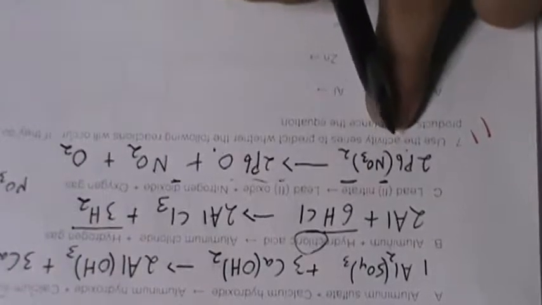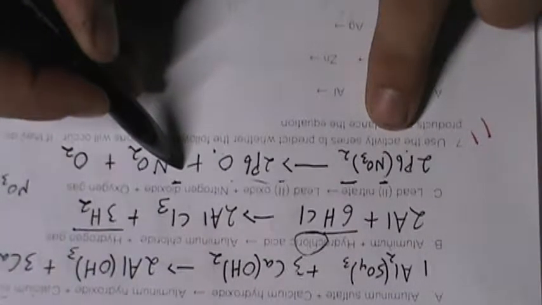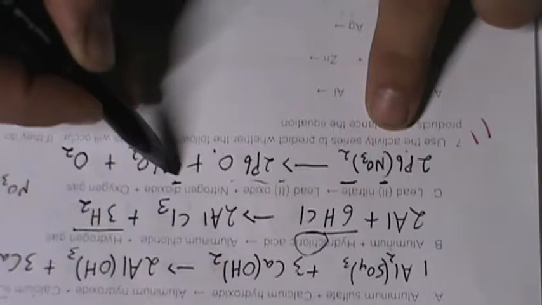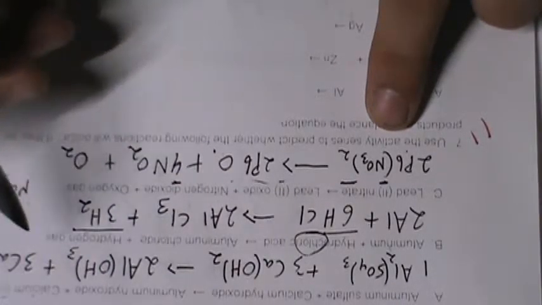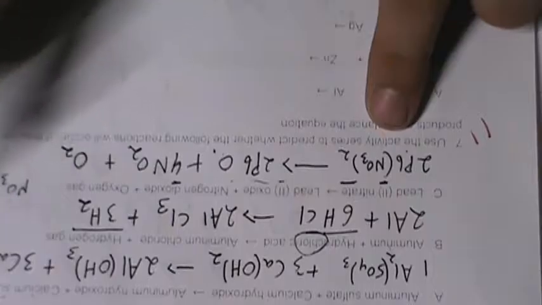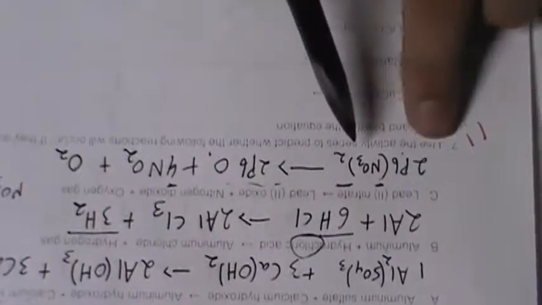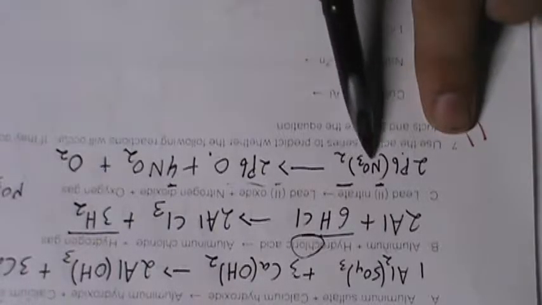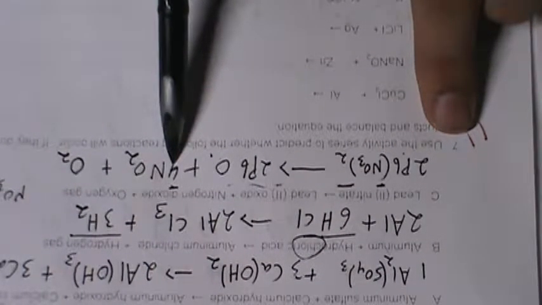into 4 NO2s. All right. We have 2 times 2 nitrates. That's 2 nitrogens times 2 is 4. So I need 4 nitrogens coming out.